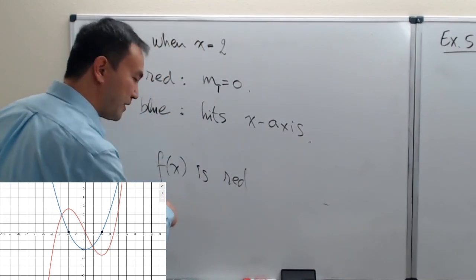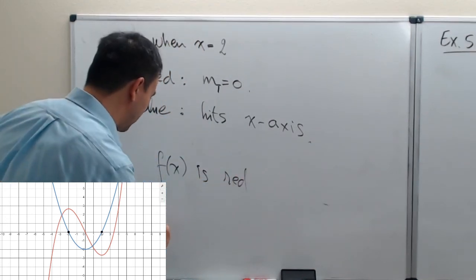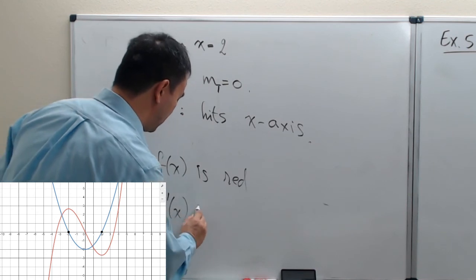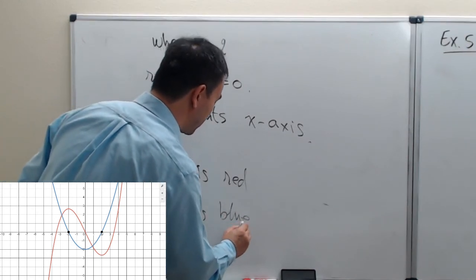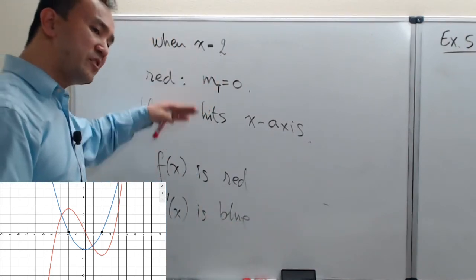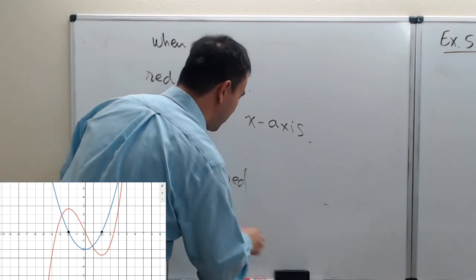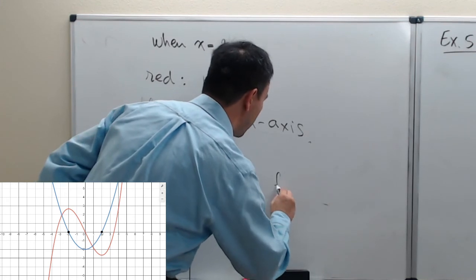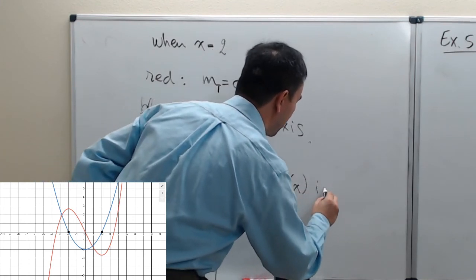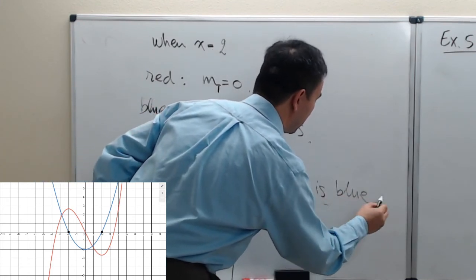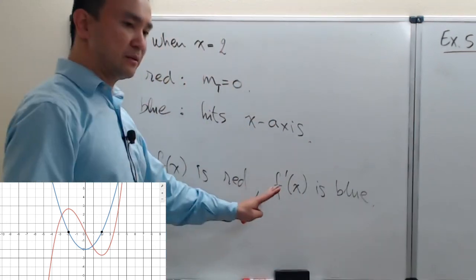And if f of x is the red one, the other one, of course, has to be the blue. But we're not going to just rely on so little information so far. So f of x is red, and f prime is the blue graph.